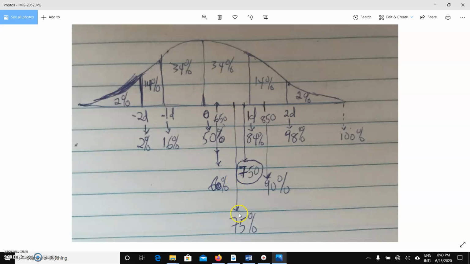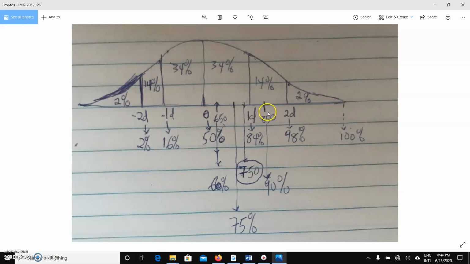So that is 75%. Now there's no way to calculate. You have to look at it and use your brain tactics. So 75% will be around here. That's the location. Then our 750. Now since we have our 650 here and our 850 here, if you look for the average of 650 and 850, it's going to give you 750.